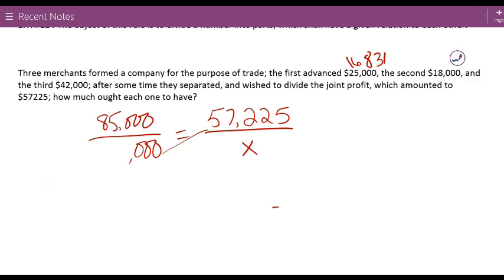And now the second merchant contributed $18,000. So again, doing the same thing, we're going to reduce out this 1,000 up there.